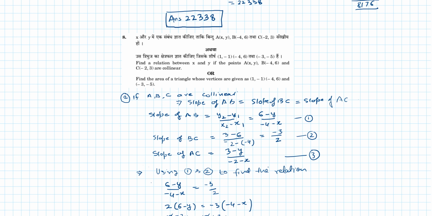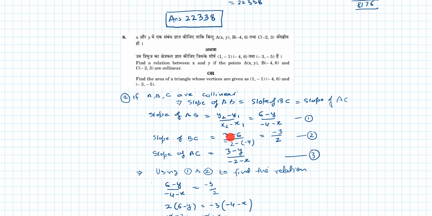हमने यहाँ slope of AB, BC और AC फाइंड आउट किए हुए हैं. तो स्लोप कैसे करते हैं, y2 minus y1 divided by x2 minus x1. So let us say AB का स्लोप क्या हुआ, 6 minus y divided by minus 4 minus x.